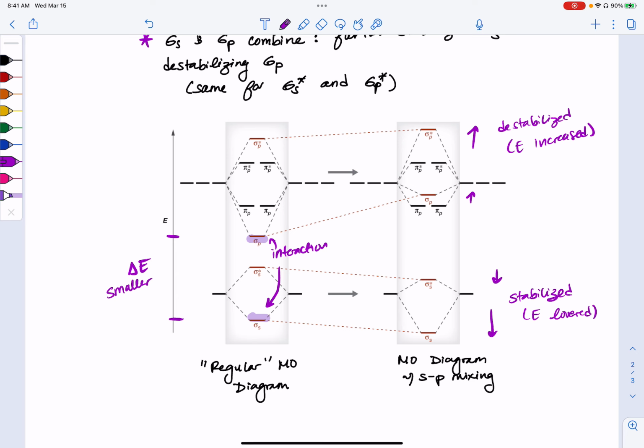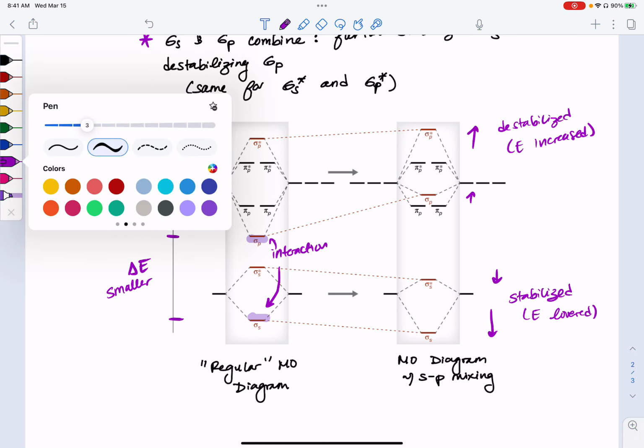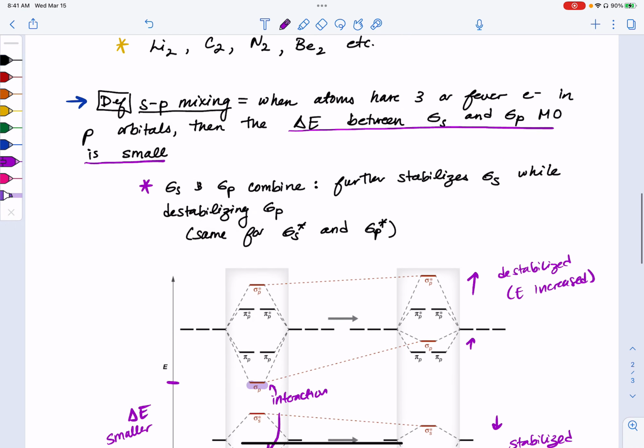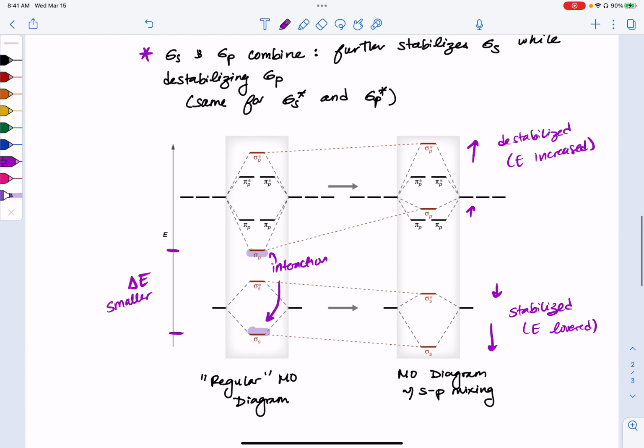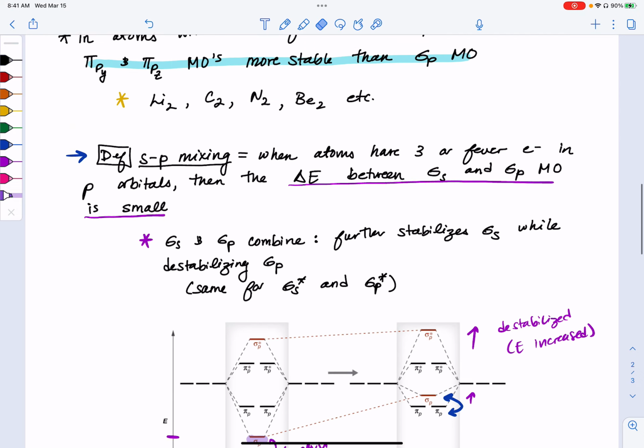In fact, the energy of the sigma p is increased so much that we now see an inversion of the stability between our sigma p and our pi p.